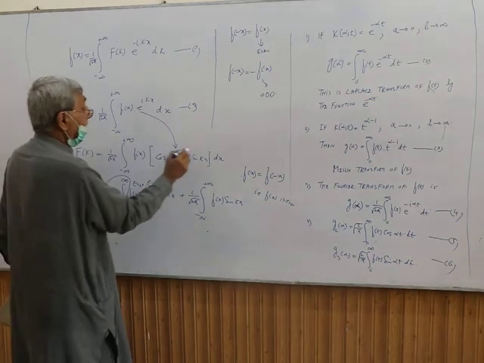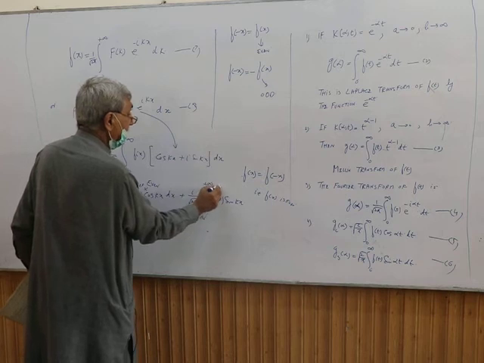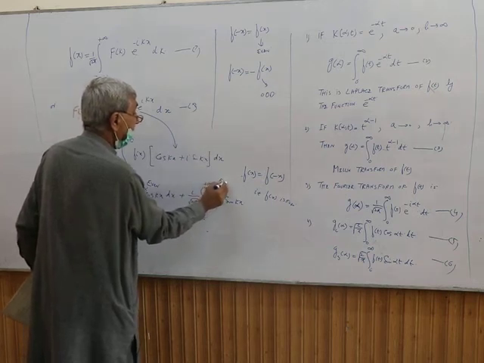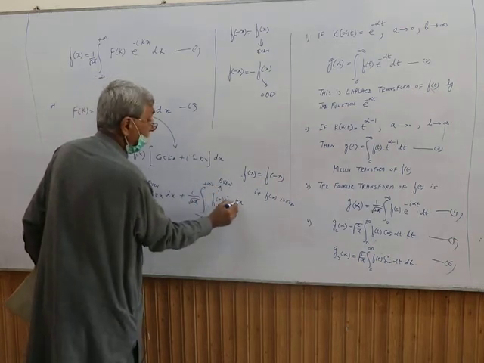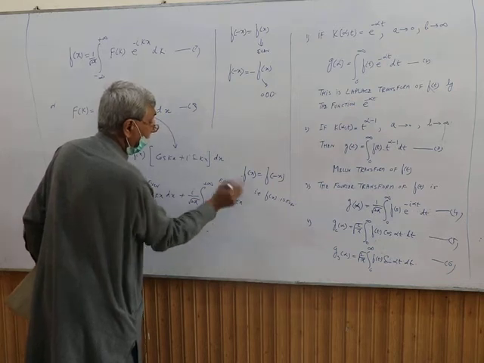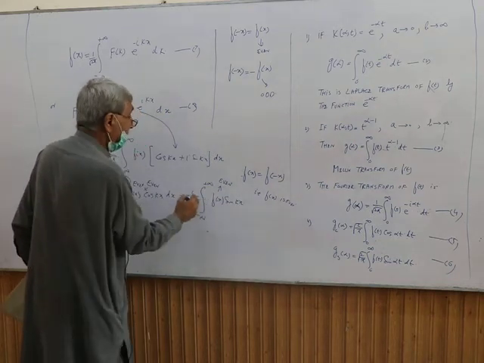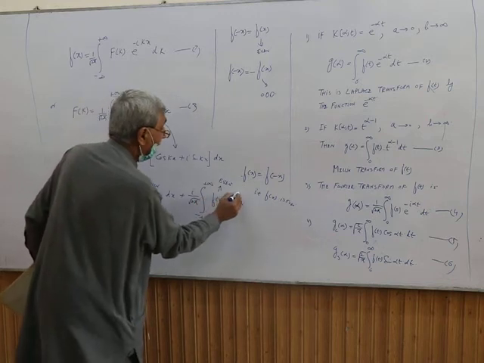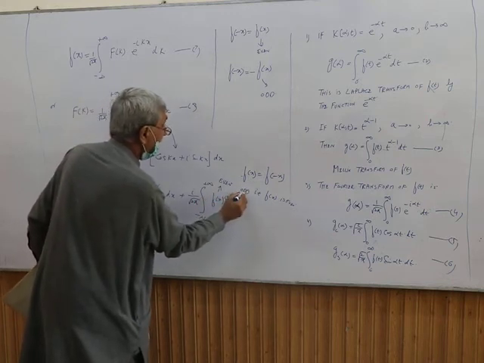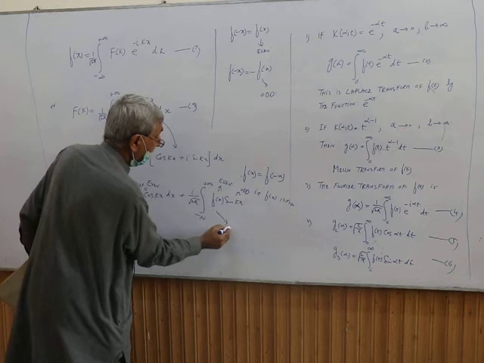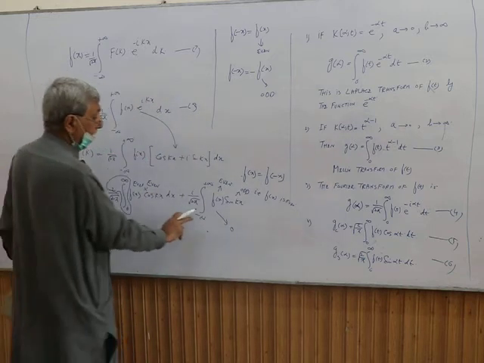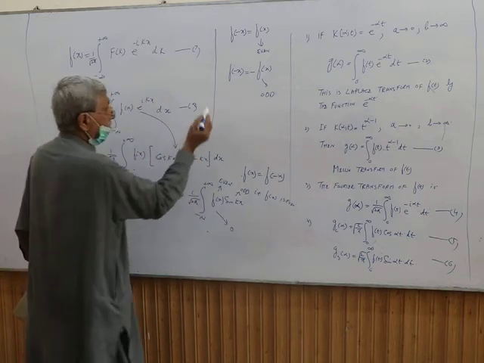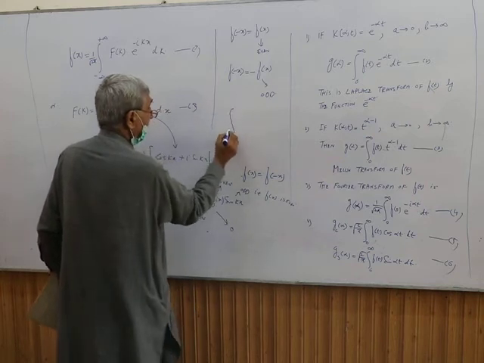But in this case f(x) is even and this is odd, because if you replace x by minus x you get minus sine kx. So this is an odd function, and whenever that is the situation, this integral is always 0. Let me write it here.